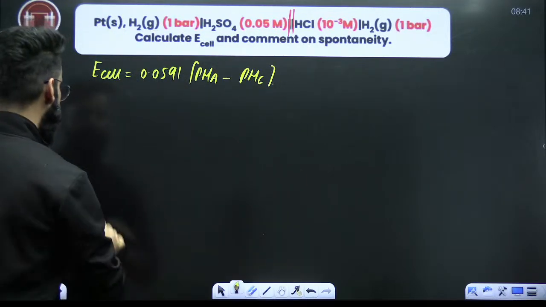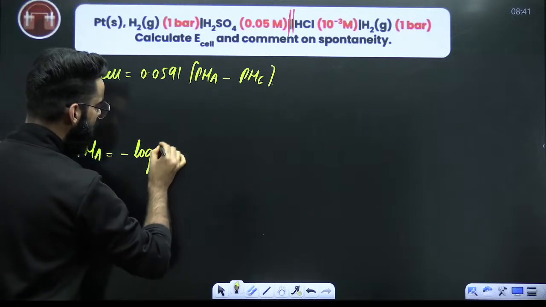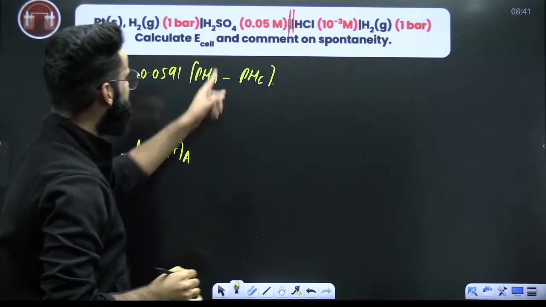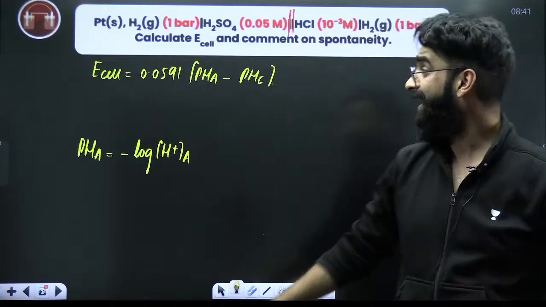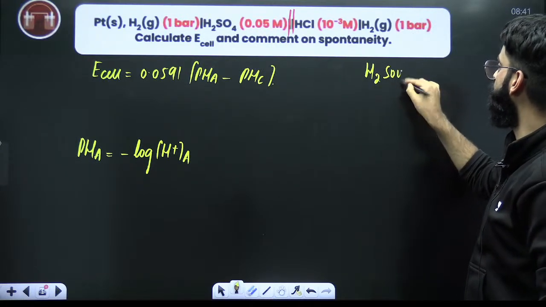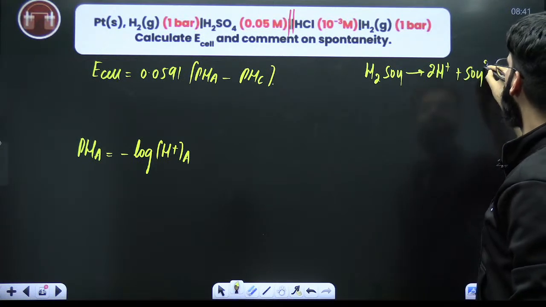So first of all, let's calculate the pH of anode. pH of anode is minus log of H positive ion concentration in anode. In anode, you have used H2SO4, which would have dissociated as 2 times H positive plus SO4 dinegative.